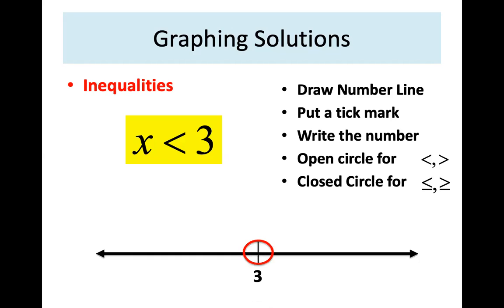What does a filled in circle indicate? It means that 3 is the answer. Was 3 an answer to our problem? Therefore, we put an open circle. Open circle for these 2 symbols, closed circle for these 2. Closed circle means that number is part of the solution set. Open circle means it's not the solution.